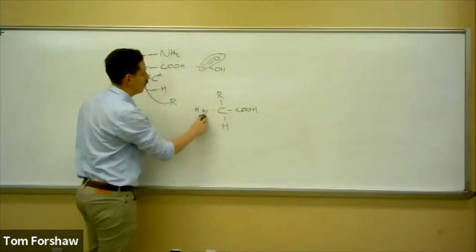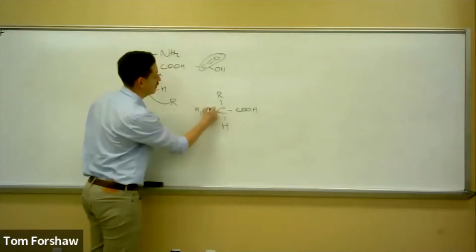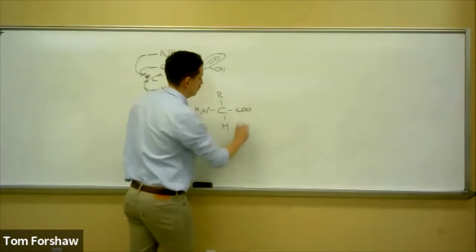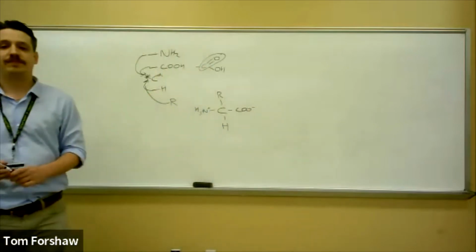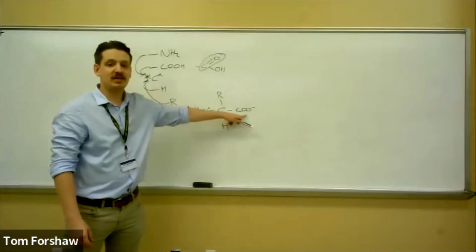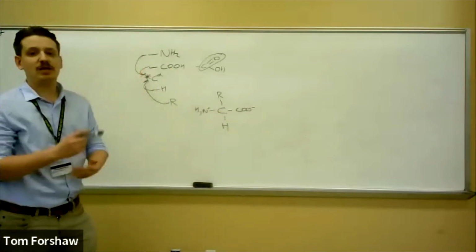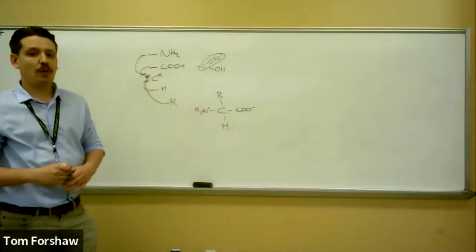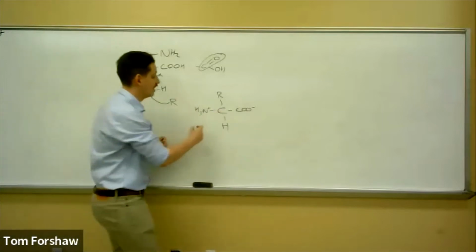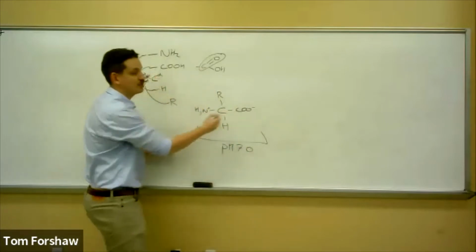And typically, what we see in nature at a neutral pH, something around pH 7, is this. The amine group has a positive charge, and the carboxylic acid group has a negative charge. To explain this, I need you to first understand that this is the structure at pH 7, because these two groups are ionizable.